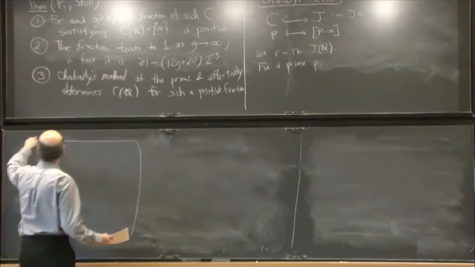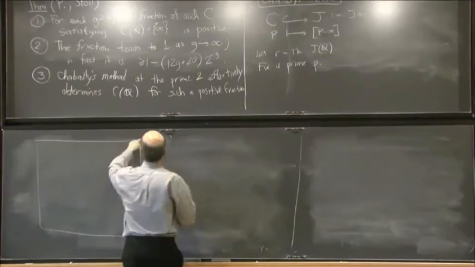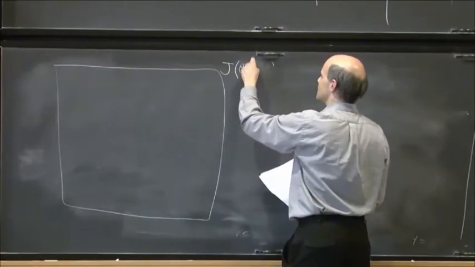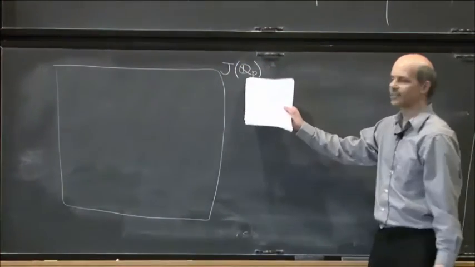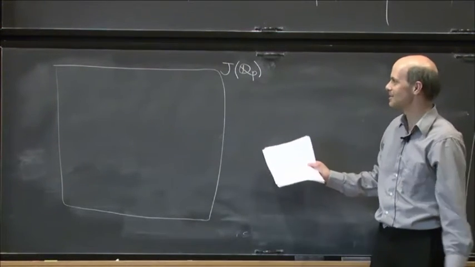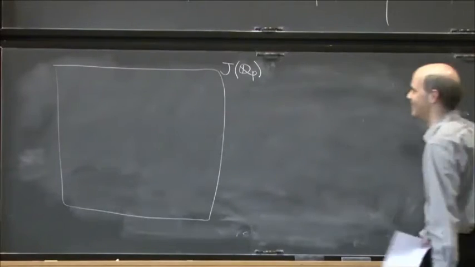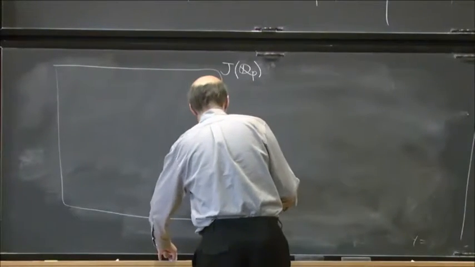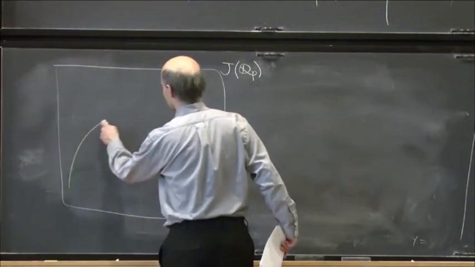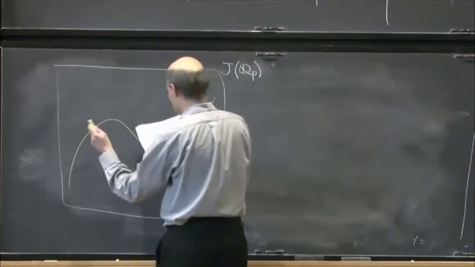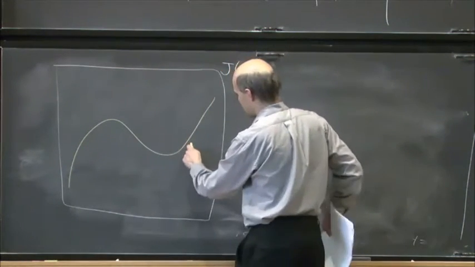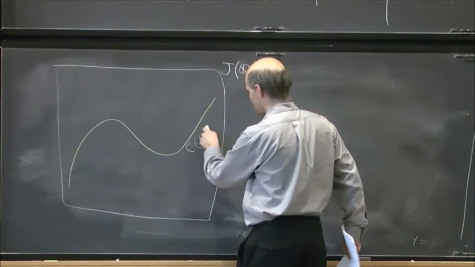You have this p-adic Lie group. I guess maybe this is a two-dimensional Jacobian. And then inside this, you have the curve. You have the p-adic points on the curve. So let's say this is C of Q_p.